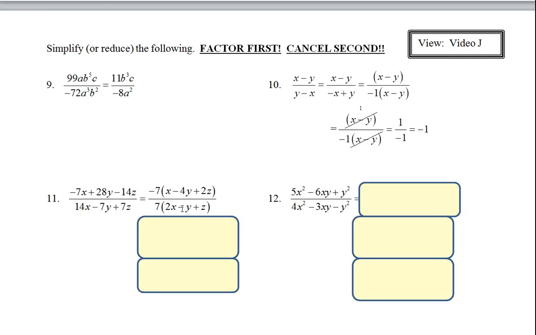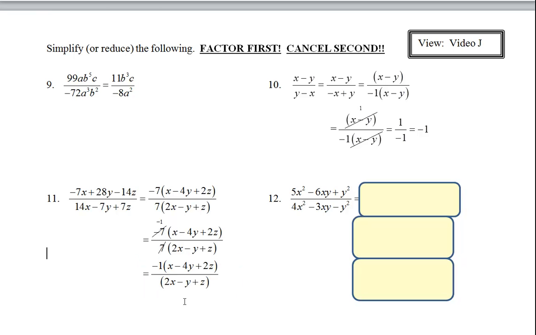These parentheses do not match. They're not getting canceled, but I do see this right here. So 7 will go into negative 7 negative 1 time. So you can leave your answer like that, or you can distribute a negative 1 through if you want. But, you know, if you've done enough factoring, then this will be sufficient right here.